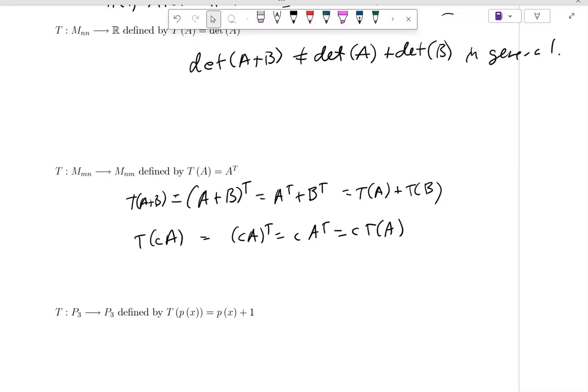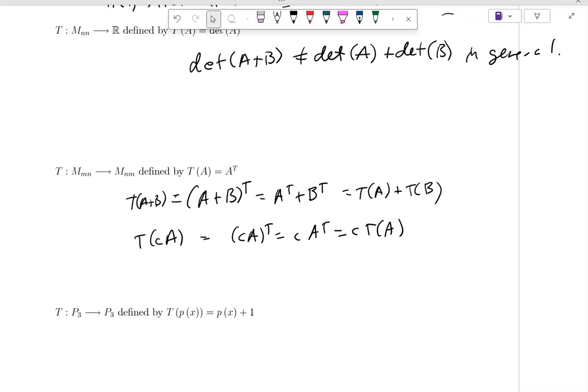Unfortunately, even though I've got this plus 1 here, which makes it feel like a linear thing, this is not a linear transformation, okay? Because if I do p of x plus q of x on the inside, I would have p of x plus q of x plus 1, right? But if I do the transformation of p of x plus the transformation of q of x, what ends up on the end? A plus 2, right?